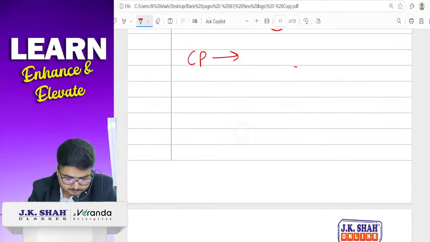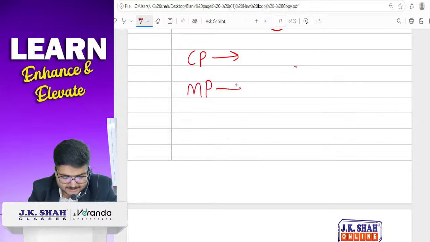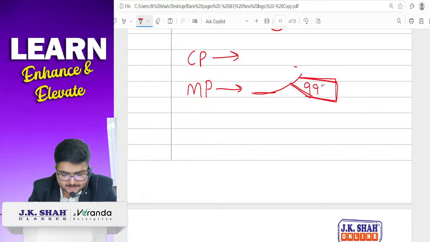Now what is marked price? What is MP? MP means marked price, market price, retail price, MRP, whatever you want to call it, there are many names. Marked price is basically if there is a tag on a product and it is written 999, so this becomes your marked price, right?